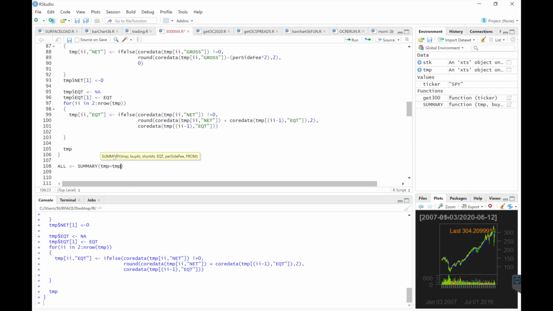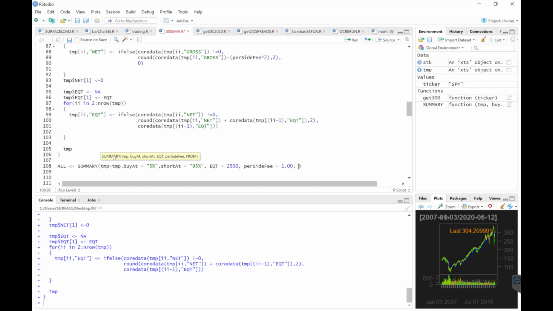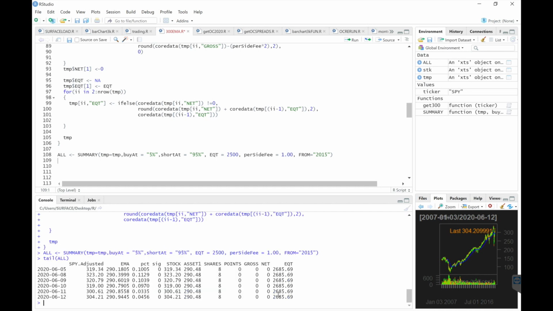So temp equals temp, buy at, set that equal to 5%, short at 95%. Our equity will be 2,500 to start. First side fee will be $1, and then we want to start that at 2015. We'll take a look at our tail, and we get the same results.